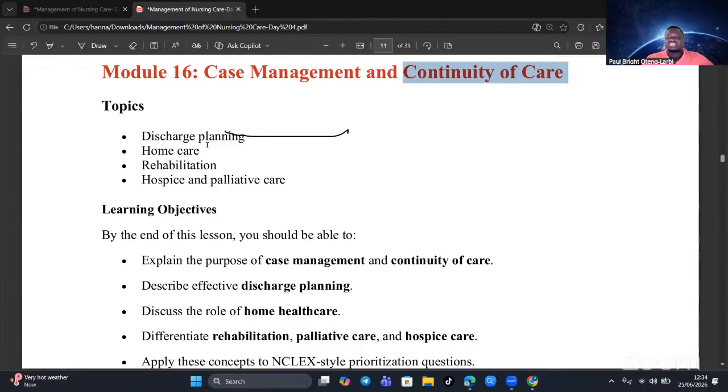Some are dying, hospice. Some have cancer and need pain management, palliative. So the case manager will talk to the doctors, the prescribers and all the paramedic team and make a decision. This patient should go here. This one, we should allow them to go home. Let's refer to the public health nurses in the community. So that is the work of the case manager.